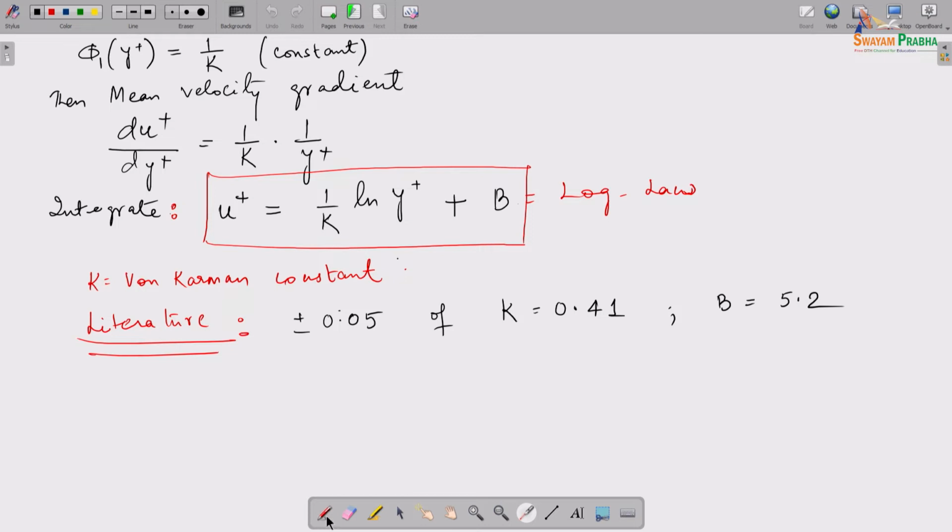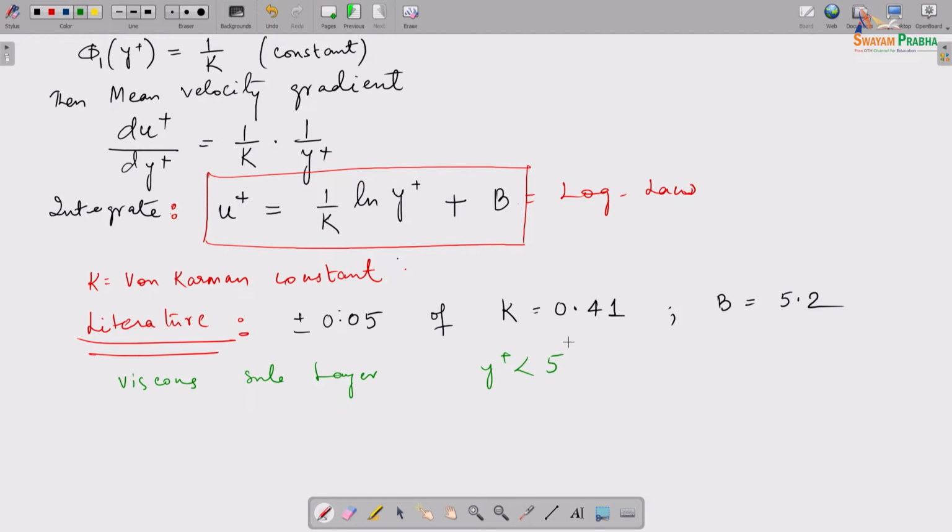Just to say one thing before I sum this up. Essentially, in summation, you have a viscous sublayer, which is y plus less than 5.